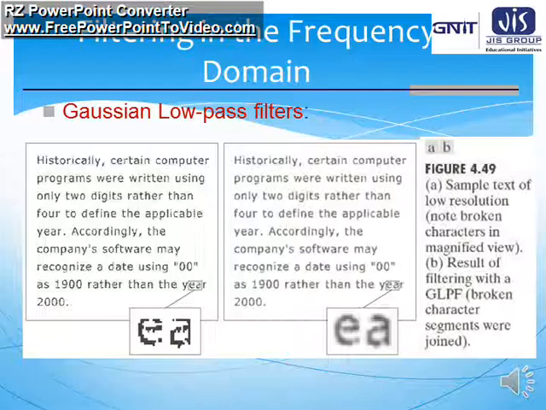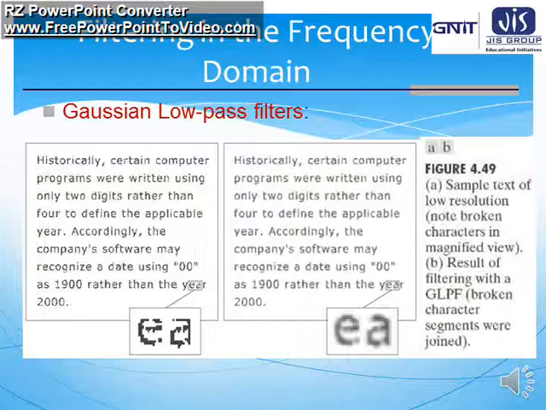So here we can see that if we use a Gaussian low pass filter, the quality of the text image on the left side has been upgraded on the right side. So the quality of the image is better. The broken portion has been reconstructed and smoothed using the Gaussian low pass filter.